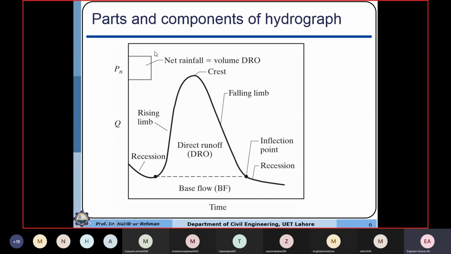That's why whatever rainstorm we select for the hydrograph and then for the unit hydrograph must have a duration at least equal to the time of concentration, which is the time after which water from all parts of the watershed will reach the outlet, meaning the full response of the watershed will be achieved.